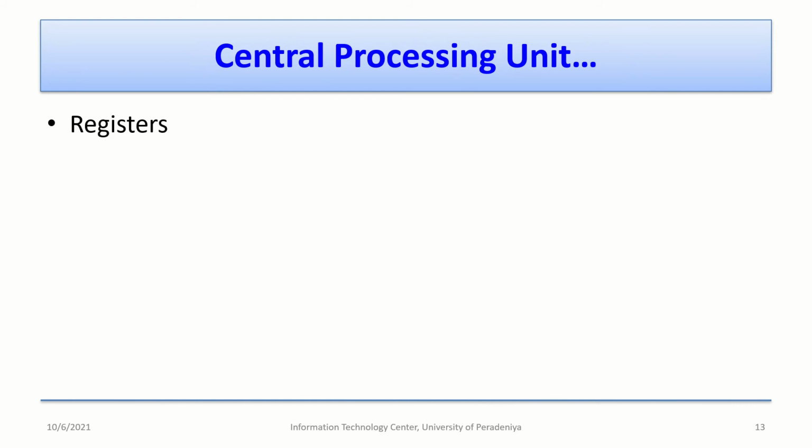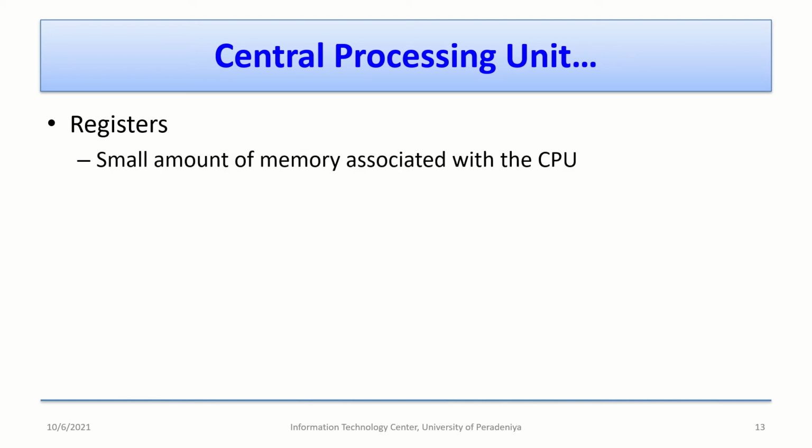The next part is registers. Now we know there are three main components: the control unit, ALU, and registers. We have already discussed two parts, the ALU and the control unit. The remaining one is registers. Registers are a small amount of memory associated with the processor, the central processing unit.